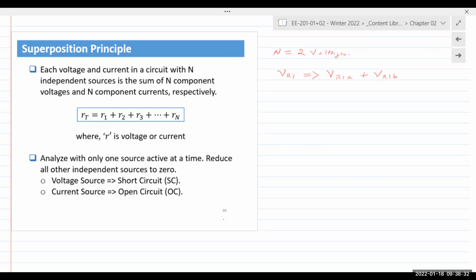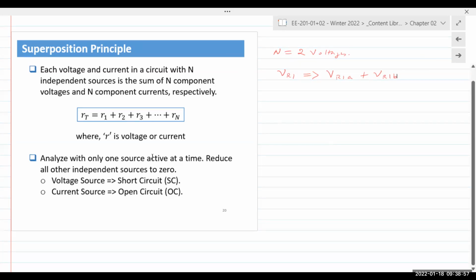Then you move on to the second source, again perform your analysis, and find all the voltages and currents present in the circuit. You take your set of data from the first analysis and the set of data from the second one, add them together, and you get your entire resulting voltages and currents. Does that make sense? That in short is the superposition principle.